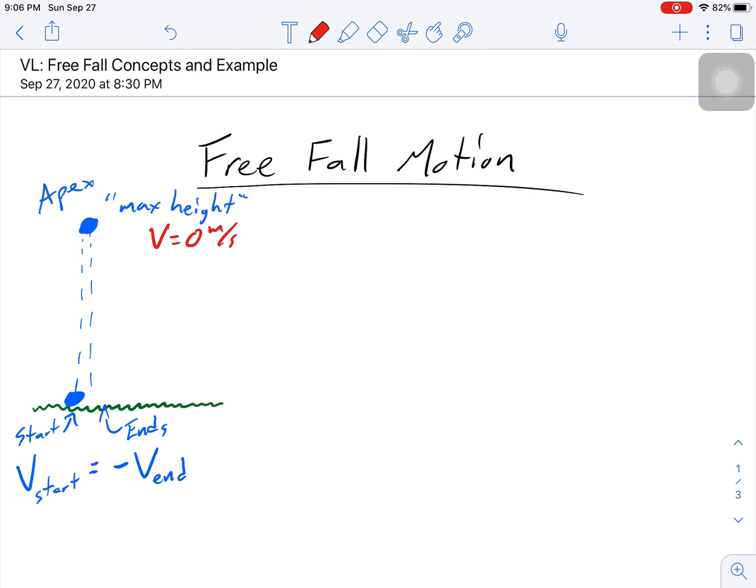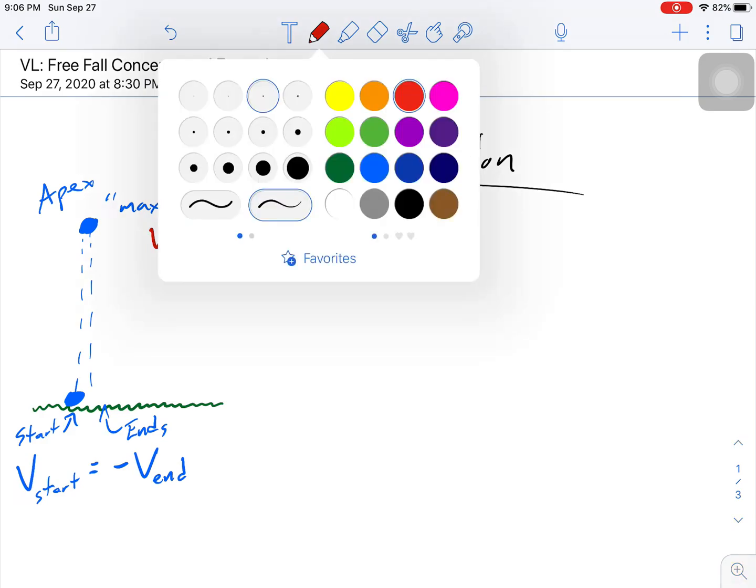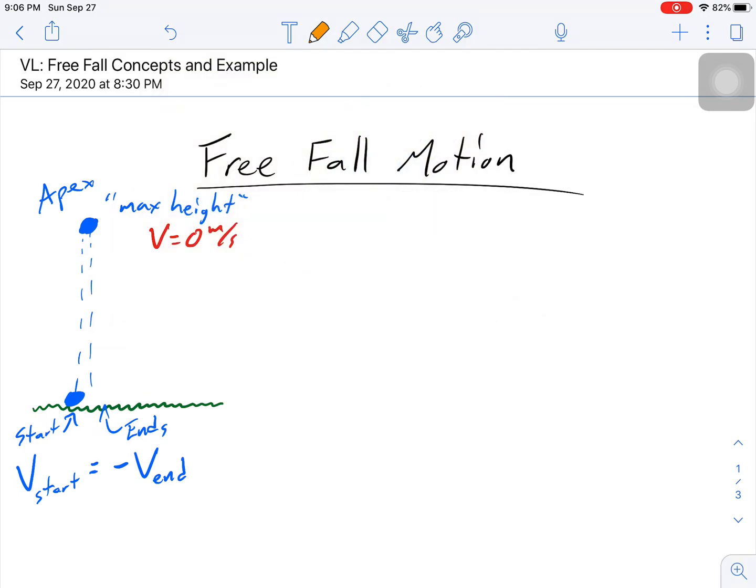So the symmetry that we see here then is the velocities on the way up will be equal and opposite to the velocities on the way down. So at the halfway point, let's go ahead and say that we were to look at this point right here where there's the x. And let's say at that location, the velocity was 10 meters per second.